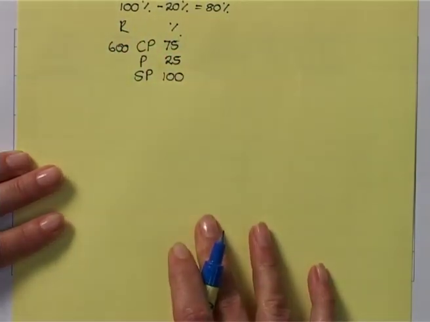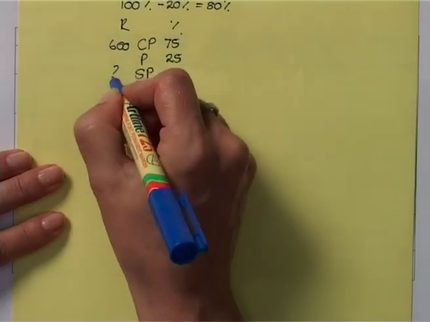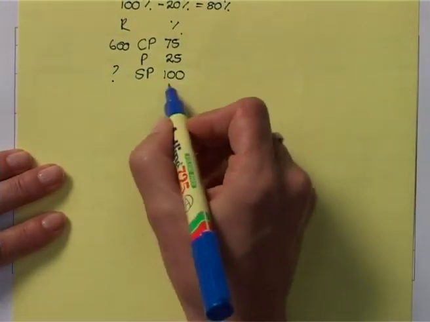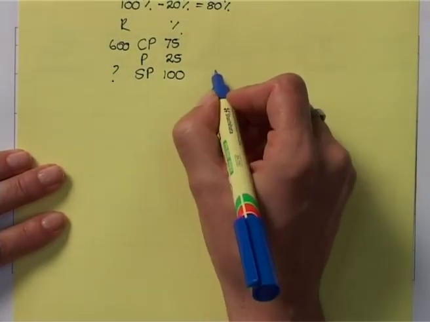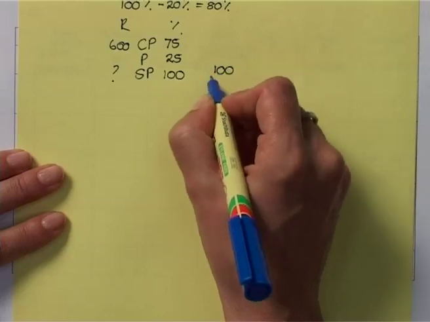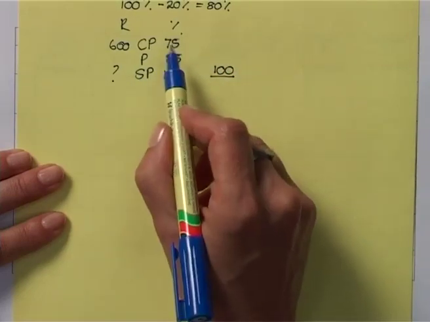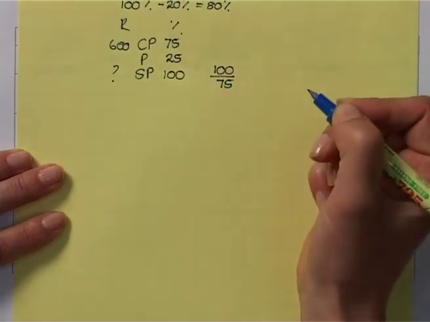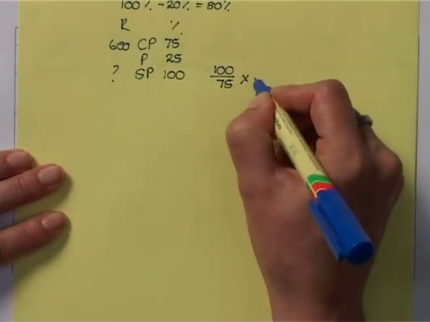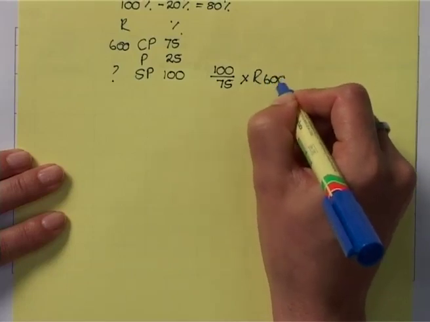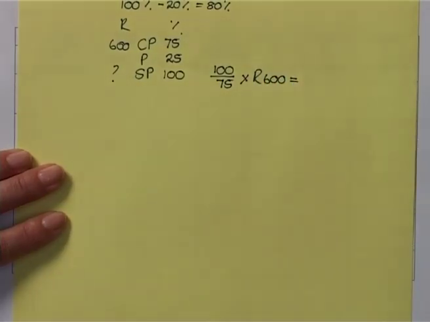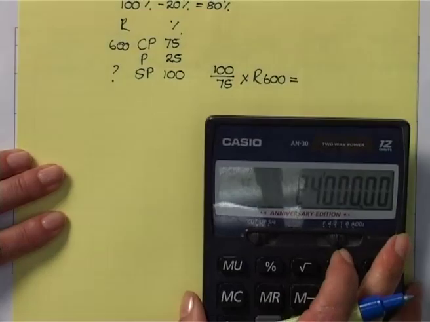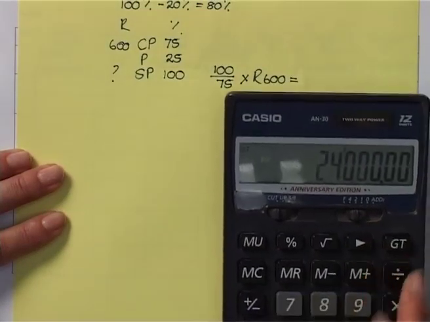And now we can go over to our calculation of the selling price. Percentage-wise, we are looking for selling price, so that will be 100 divided by, they provided us with the cost price, so we've got the known item at the bottom of 75% times the 600 Rand, and that will give us our selling price that we can use in our accounting entries.